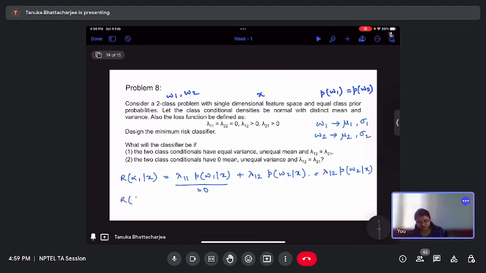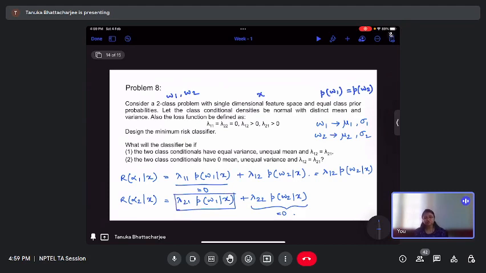Similarly, the risk of taking the action alpha 2 given x will be lambda 2 1 into probability of omega 1 given x plus lambda 2 2 into probability of omega 2 given x. Again, since lambda 2 2 is 0, this term will become 0. So, you will be left with only this term.